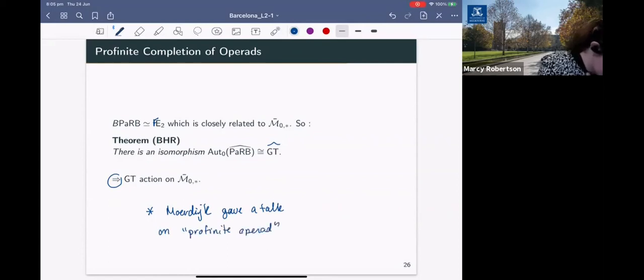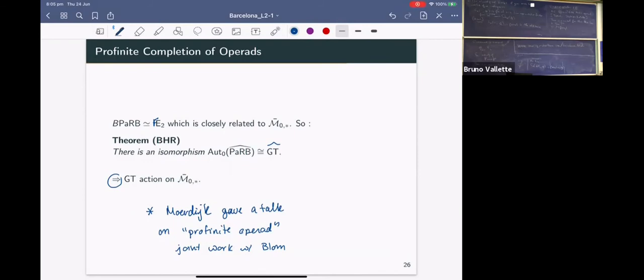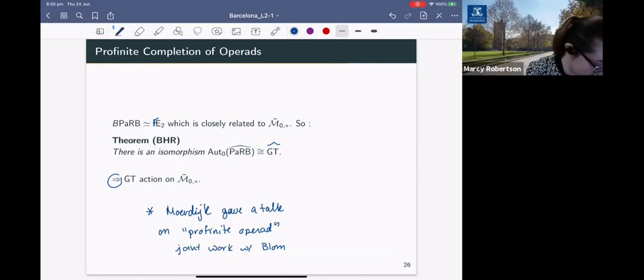That's joint work with Bloom. I checked just before this talk, and it's on the website. It's kind of an interesting question that I wouldn't know how to answer. It's a nice program going on there, and I recommend it for more on this.